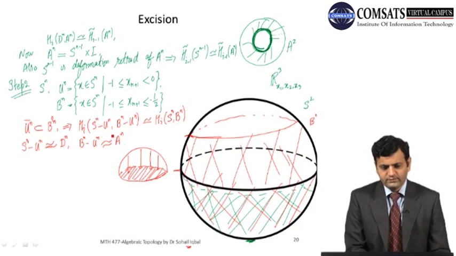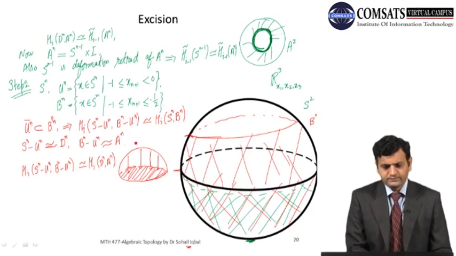Okay, so using these two homeomorphisms and this isomorphism, we can say that Hi(Sn minus Un, Bn minus Un) is isomorphic to Hi(Dn, An), and using this isomorphism we can say that Hi(Sn, Bn) is isomorphic to Hi(Dn, An).